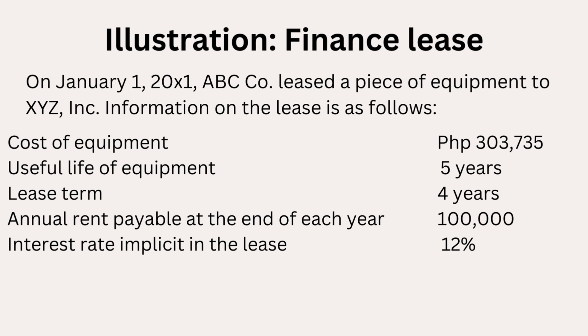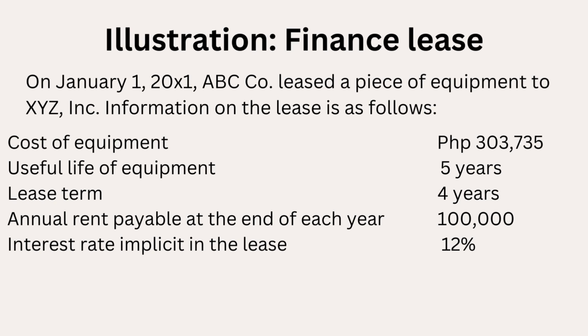Illustration of finance lease. On January 1, 20X1, ABC Co. leased a piece of equipment to XYZ Incorporated. Information on the lease is as follows. Yung cost of equipment ay nagkakahalaga ng 303,735 pesos.